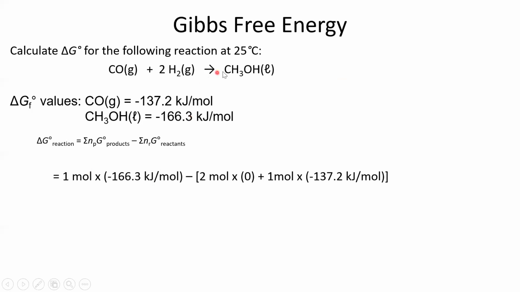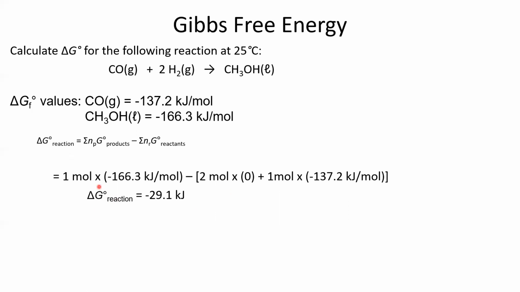So 1 times negative 166.3 minus 1 times negative 137.2. The 0 is in there as well. You don't have to put that in your number. Negative 29.1 kilojoules.